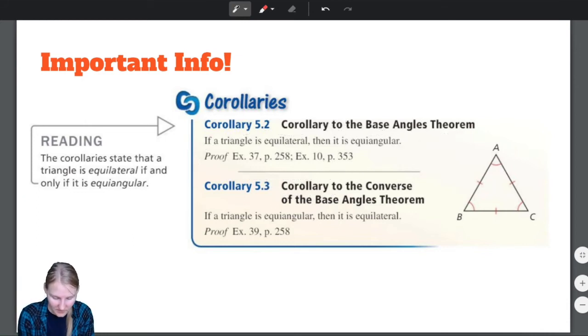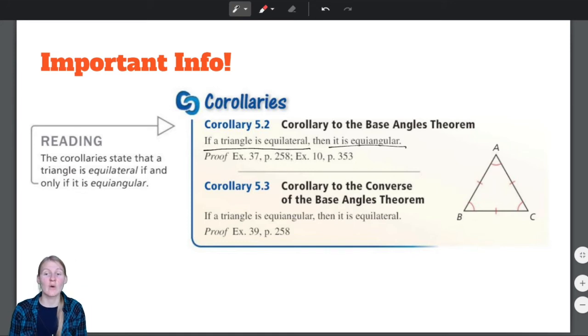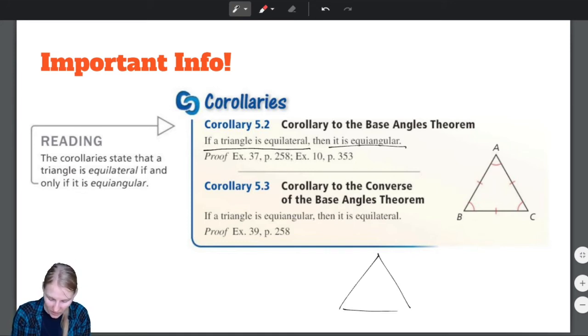So, the corollary to the base angles theorem says, if a triangle is equilateral, then it is equiangular. So if the sides of a triangle are the same, then all the angles must also be the same.